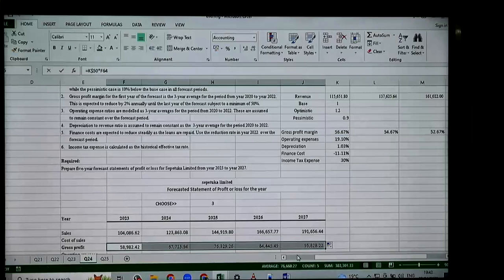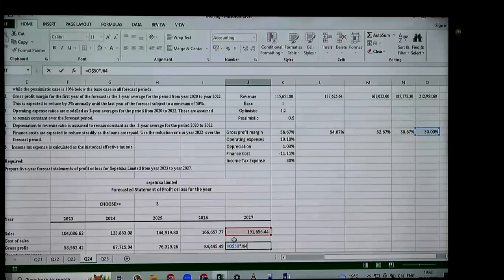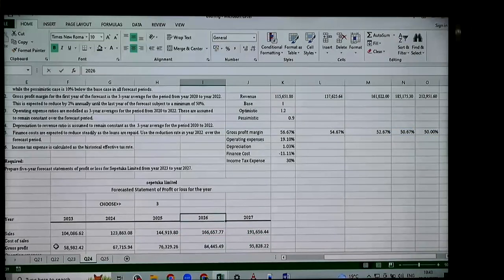When you come to 2027, if I click in, you can see that it is the sales of 2027 times the gross profit that we had calculated. Press escape. Even for 2026, it is this one times the sales of the specific year. So our cost of sale will be our gross profit minus our sales. Control Enter.